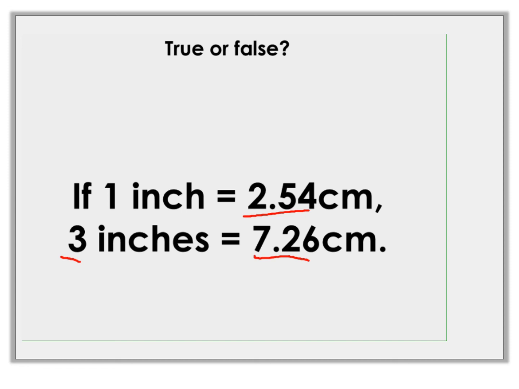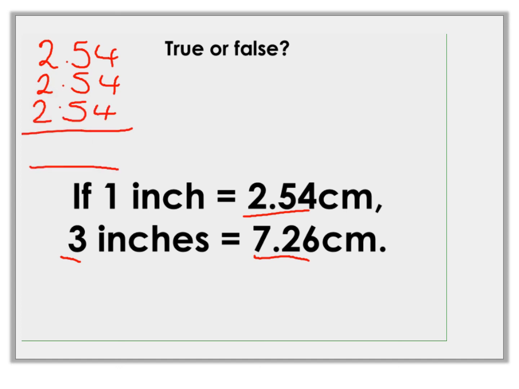We can either do that as 2.54 add 2.54 add 2.54. So 12, 15 add 1, 16, 2, 4, 6, 7, so the answer there is 7.62.